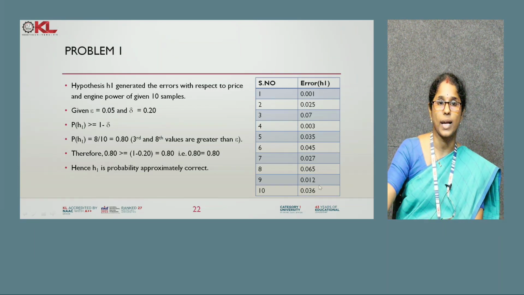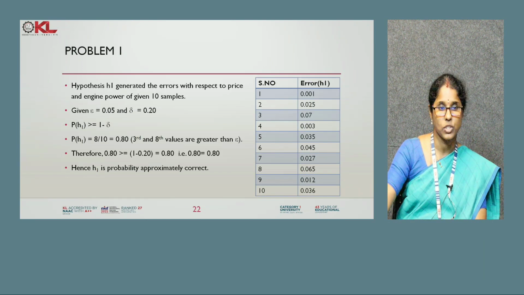So you have two values that are greater than 0.05. That means 8 samples are cooperating and 2 samples are not. So P of H1 is equal to 8 by n, where n is 10 over here. 8 by 10 is equal to 0.80.